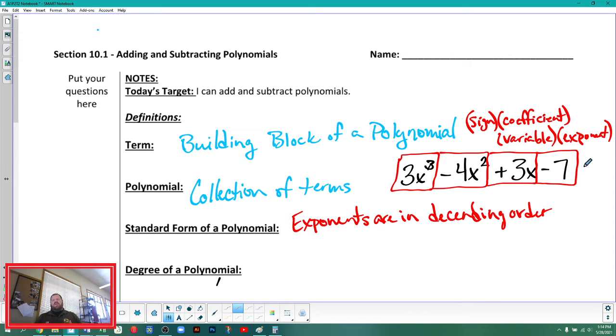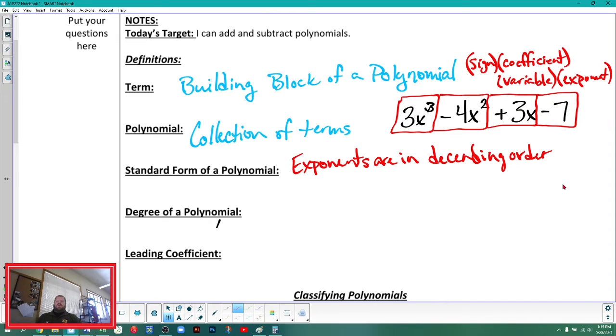Because it's addition, I could rearrange this however I wanted, but this is the one way that's in standard form, because the exponents go 3, 2, 1, since any x is to the first power, and then no variable would be the variable raised to the 0 power.